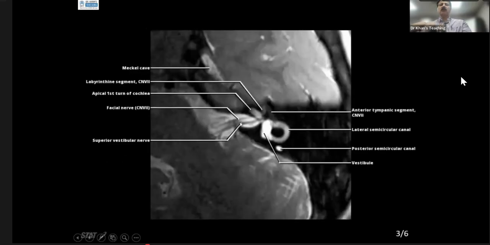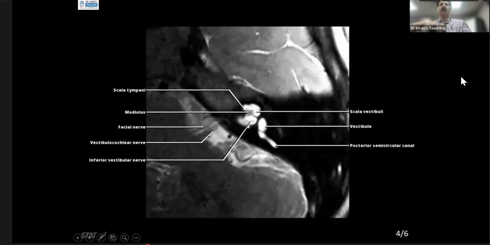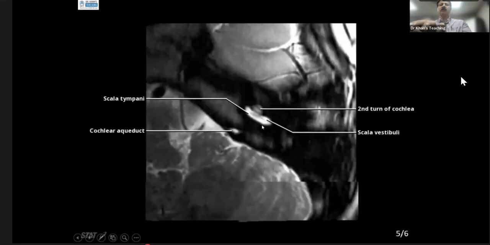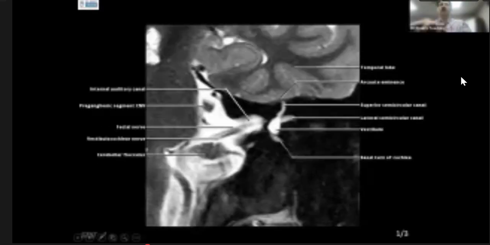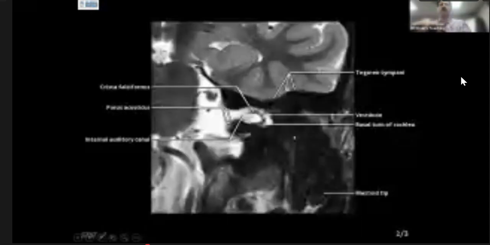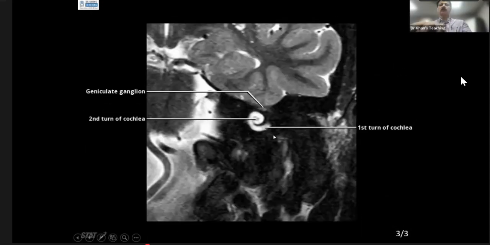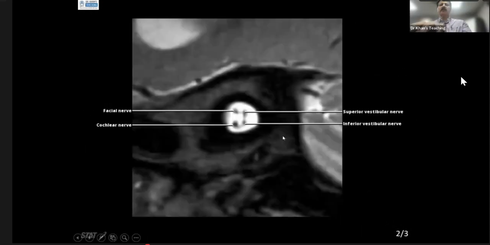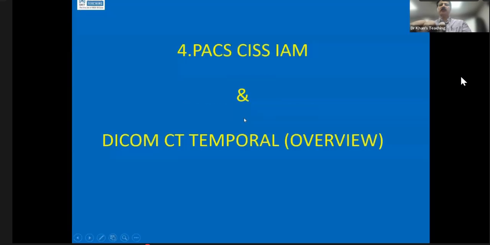And you can see the nerves going here, the cochlear nerve and the vestibular nerve, as we already know. This is the coronal section, where you can see the superior semicircular canal, the lateral semicircular canal, and the vestibule. So this is the cochlea, and this is that sagittal sequence, which is an exam sequence, as I have told you.